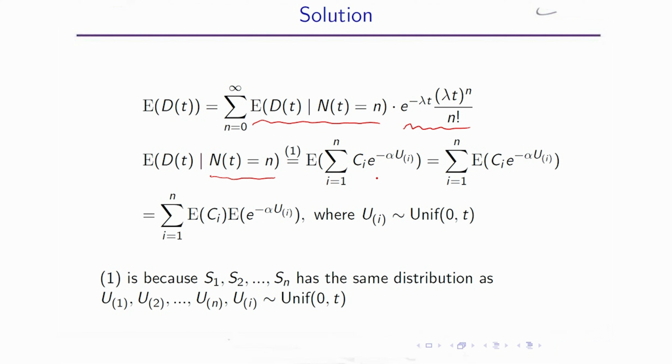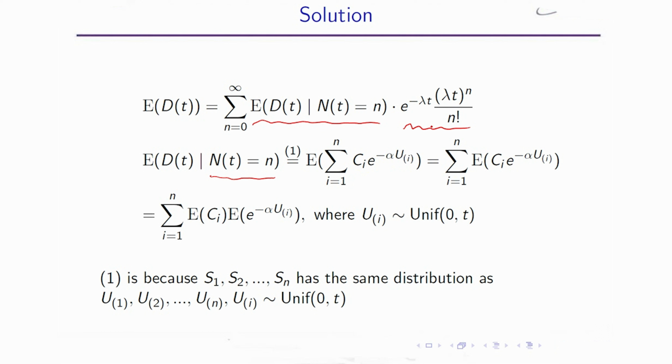Given that we know the number of arrivals, the Si's distribution is the uniform order statistics. So we use U with a bracket around i to represent the uniform order statistics. So that will be the summation of Ci times e to the minus alpha U(i).